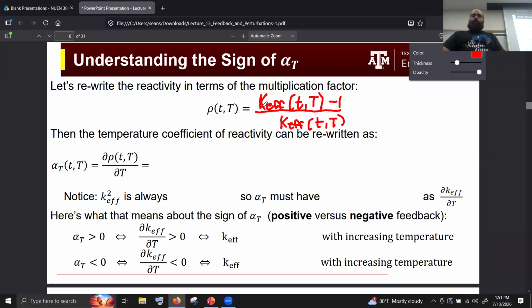So if we know what the reactivity is in terms of K effective, then we could write the change in our reactivity with respect to change in time. In other words, this would be d by dt of the reactivity, but the reactivity is K effective minus 1 over K effective.